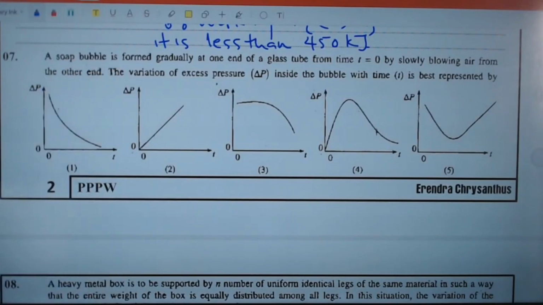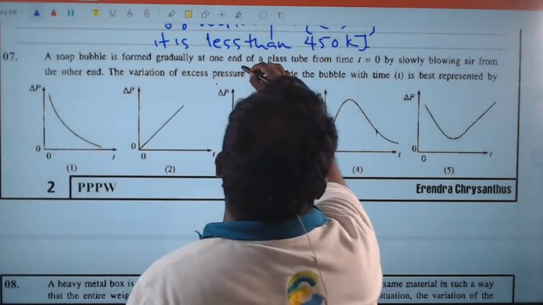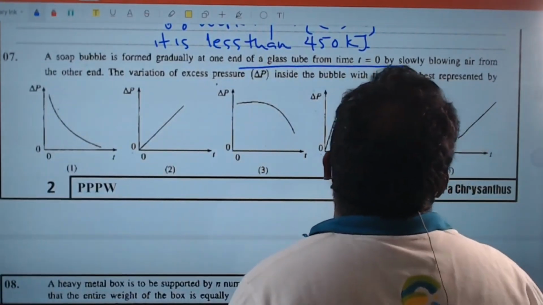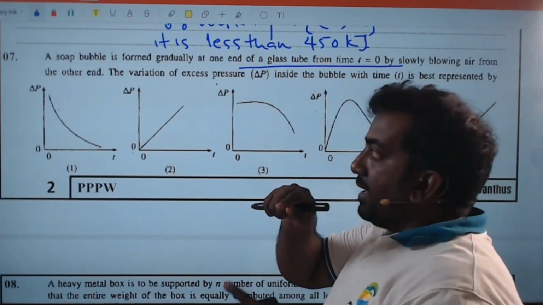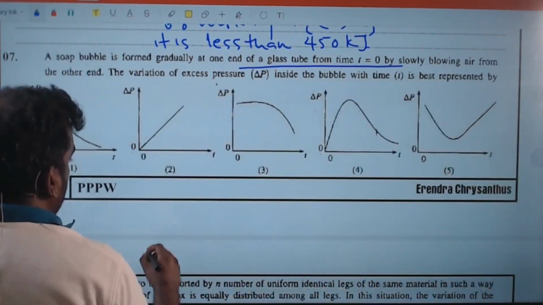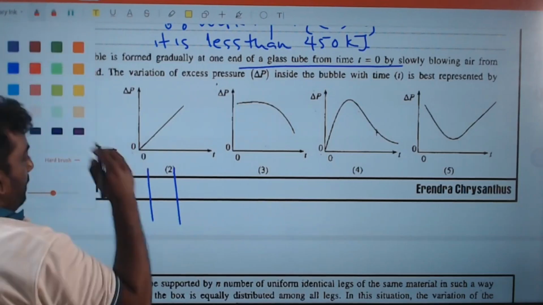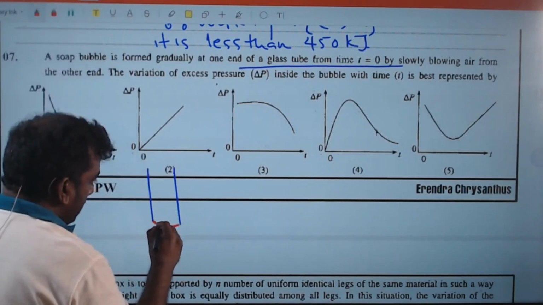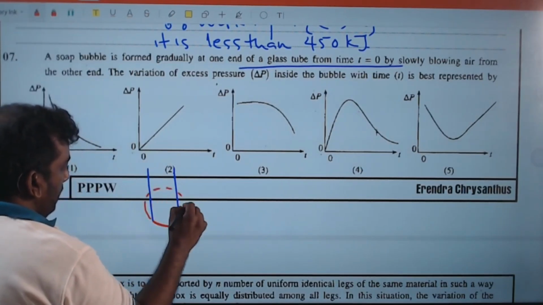A soap bubble is formed gradually at one end of a glass tube at T equal naught by slowly blowing. Now remember, it will become bigger slowly, gradually. What happens is the radius will become bigger than the tube.